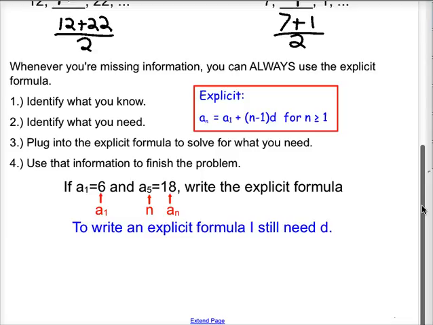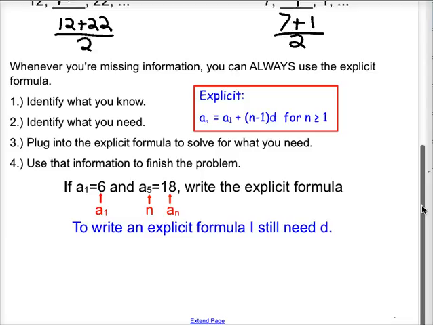What if I want the formula? If I want an explicit formula, but I'm not actually given the sequence, I'm just given two of the terms of the sequence, well, now I need to use that explicit formula to find my missing information.